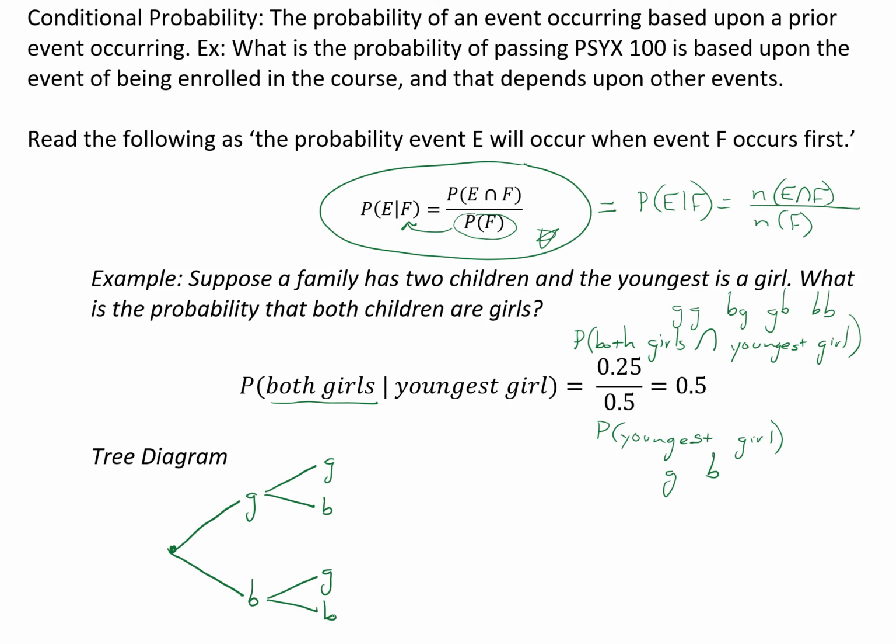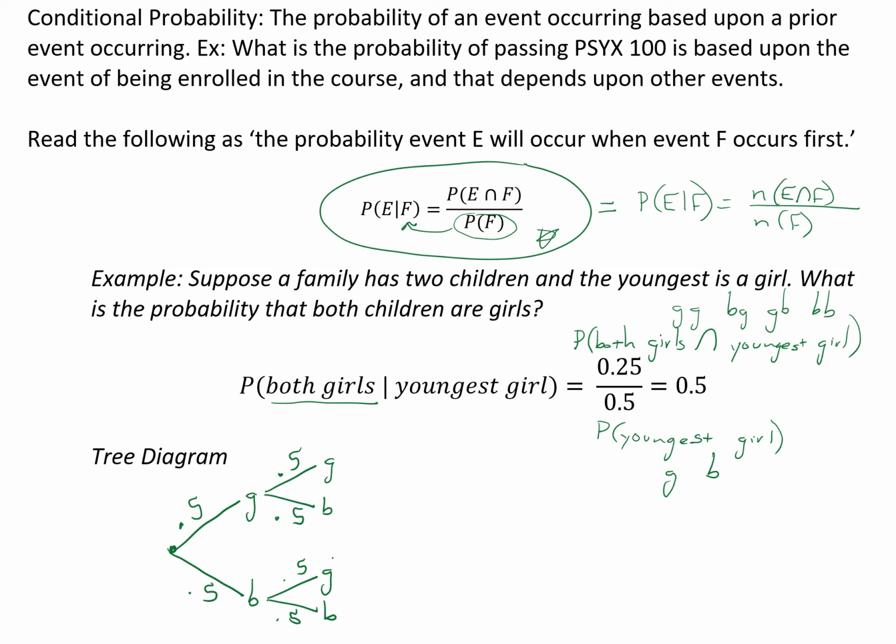And we're looking for what's the probability both are girls given the youngest was a girl. And so we happen to be looking at this branch right here. And on that branch, we can see that there was a 0.5 chance of both of those being girls. Boys have a 0.5 chance all along here also.